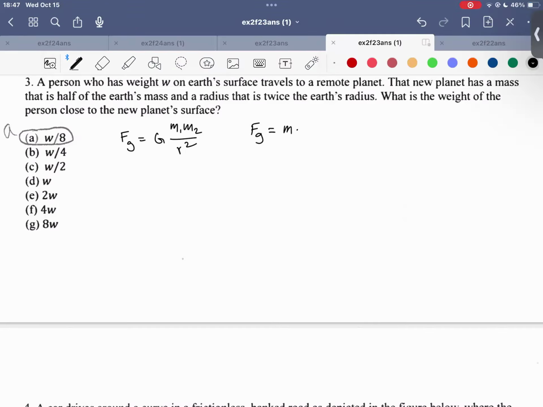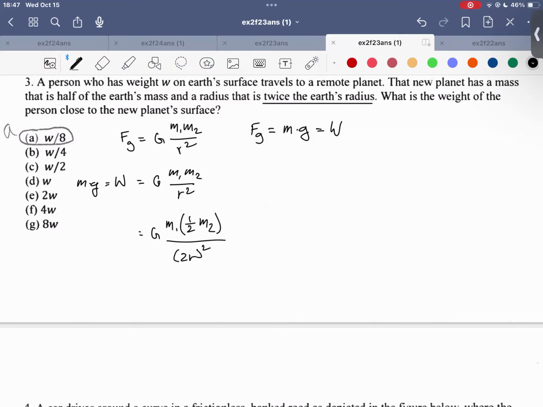Or we can say mass times gravity is equal to weight. So you know this is equal to mass times gravity. And if the new planet has a mass that is half of the Earth's mass, then we know this. And if the radius is twice the Earth's radius, we know this, 2r squared.